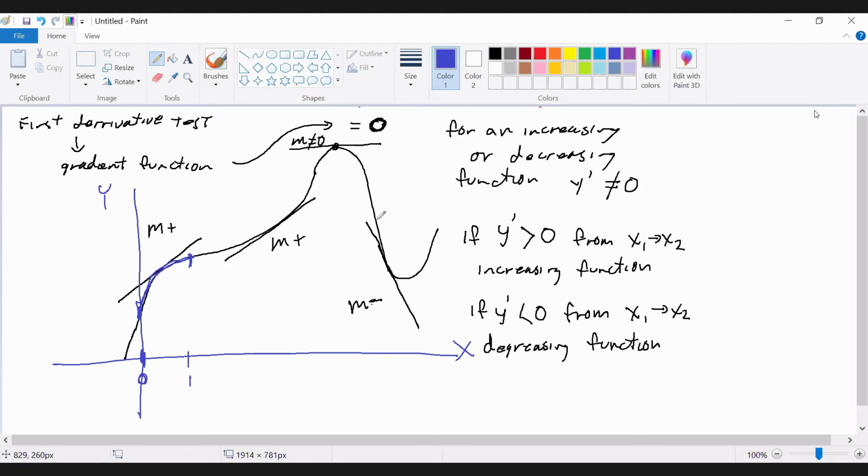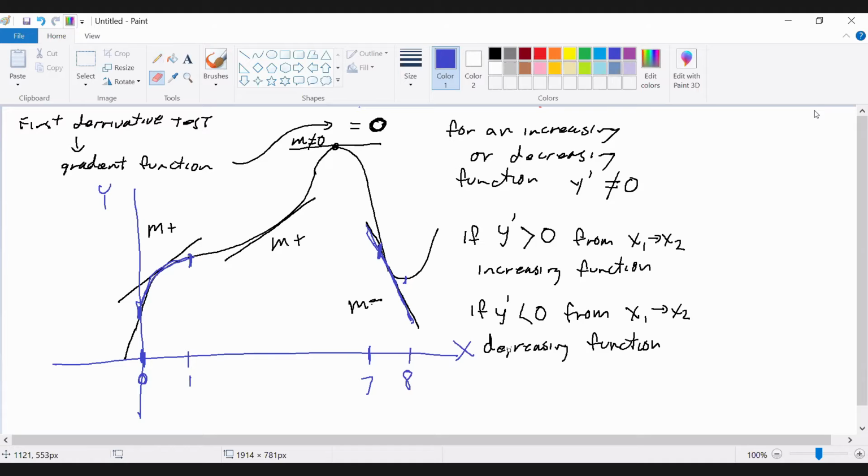The same is true if, let's say, this is 7 and this is 8. If you test that and the value is decreasing, or less than 0, then at that particular interval, it is going to be a decreasing function.